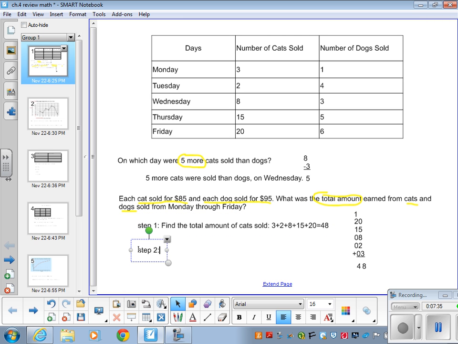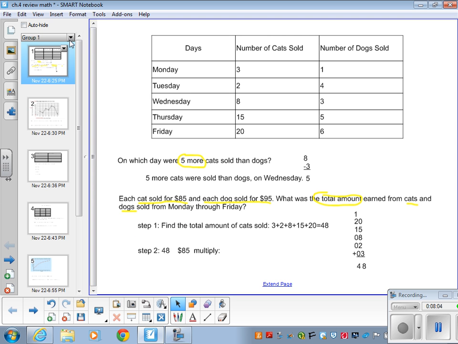Now, step 2. If each cat sold for $85, what do we have to do with 48 and 85? What operation? Do we add, subtract, multiply, or divide? If you said multiply, you are correct. Let's do that now.